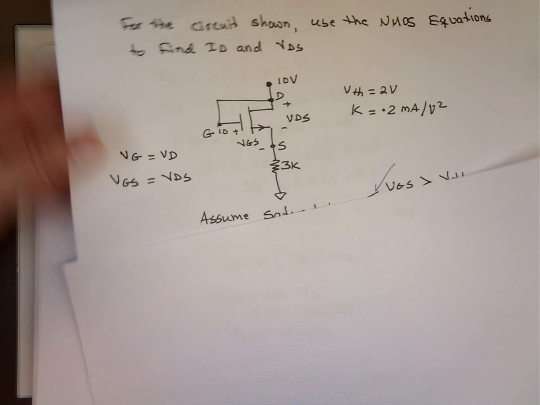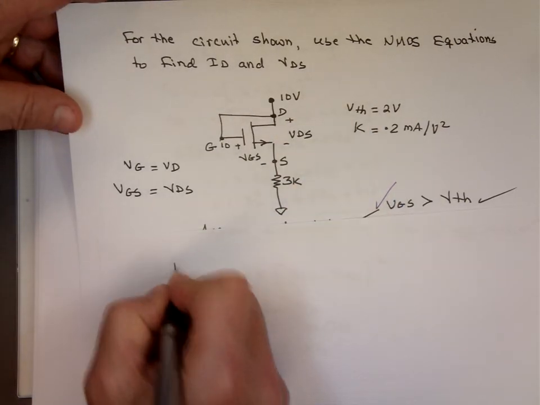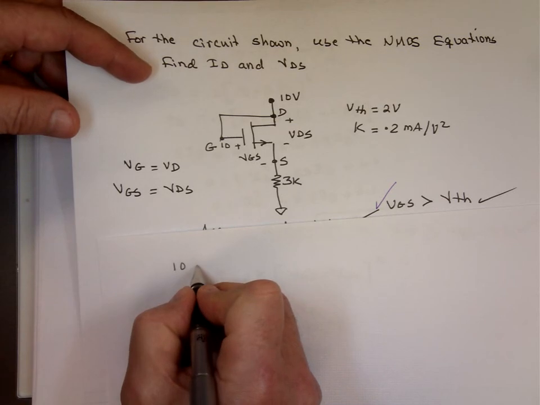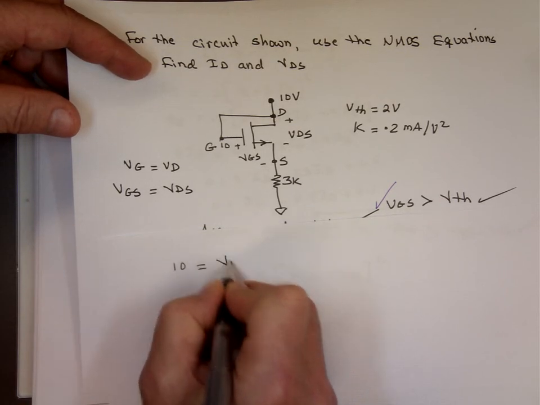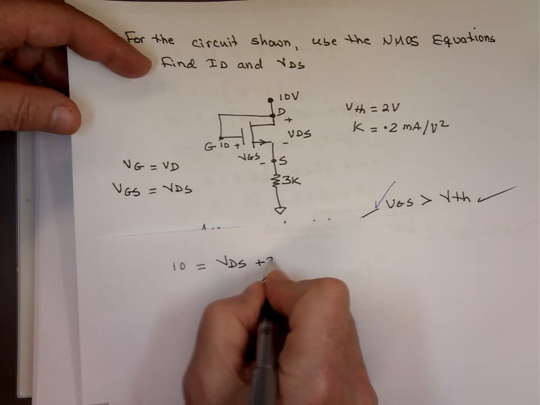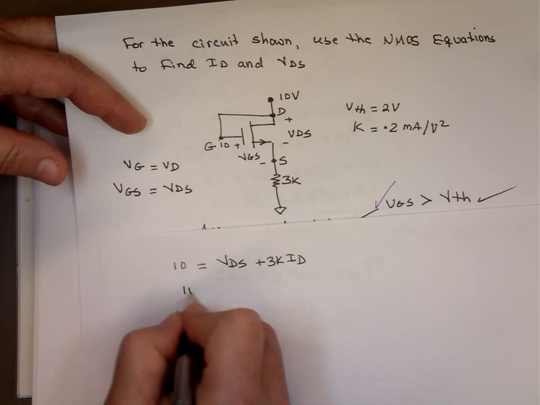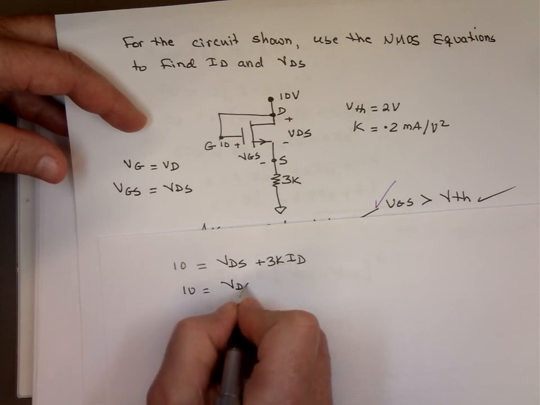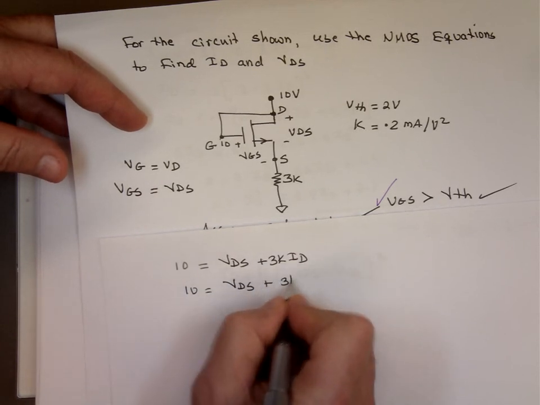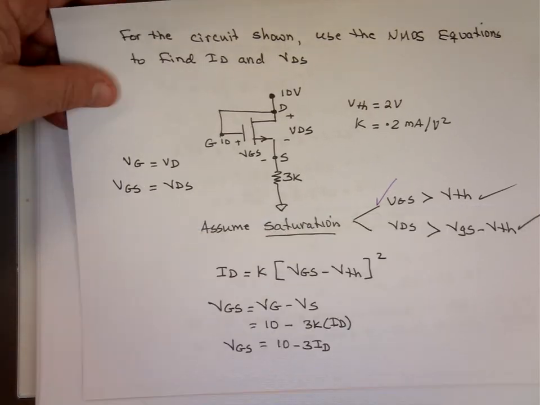Looking at that circuit again, straight down, 10 equals VDS, the voltage here, plus the drop there, plus 3K times I sub D. 10 equals VDS plus 3K, and my I sub D here, I'm using what for I sub D? 1.7 milli.